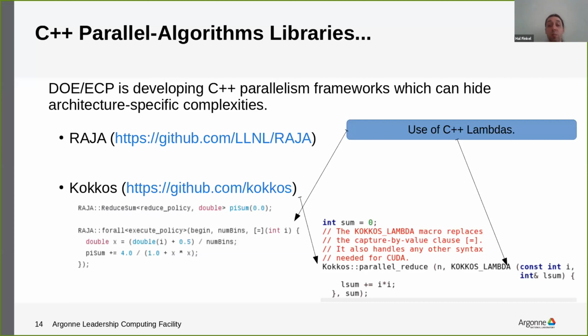But they're built around this idea that you can use modern C++ to abstract parallelism and target many different devices. Now, Kokkos and RAJA, for example, can both sit on top of OpenMP, but they can also sit on top of vendor programming models directly, such as CUDA or HIP, or SYCL, as the case may be. And so you get this level of portability by using these models. The parallelism libraries can also be evolved more quickly than can standardized languages. And so that serves as an important way that we get implementation experience for the standardized approaches.